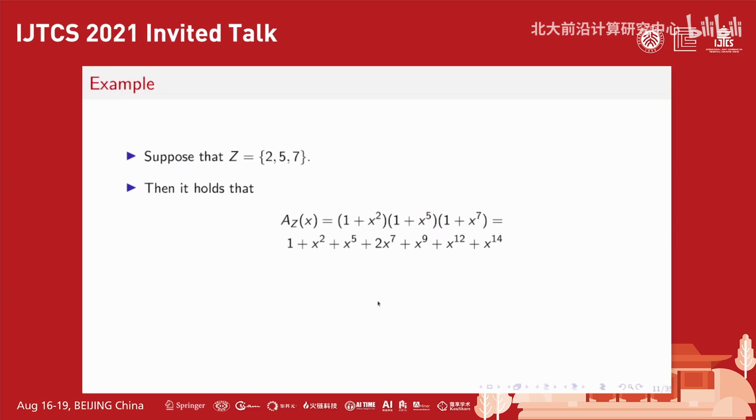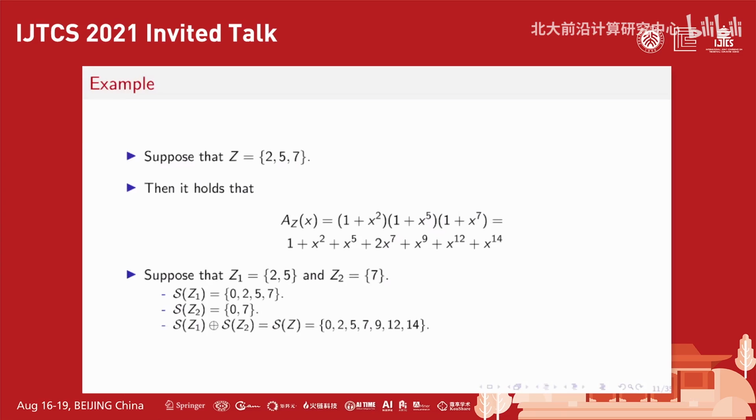Additionally, note that the coefficient, in the case of the term x to the power of 7, is 2. That means that there are two distinct subsets, each of which has elements that sum up to 7. Note however that we cannot say something about the disjointness of those two subsets.